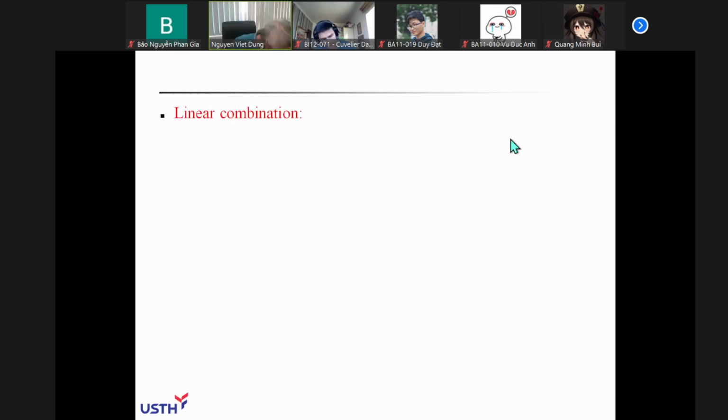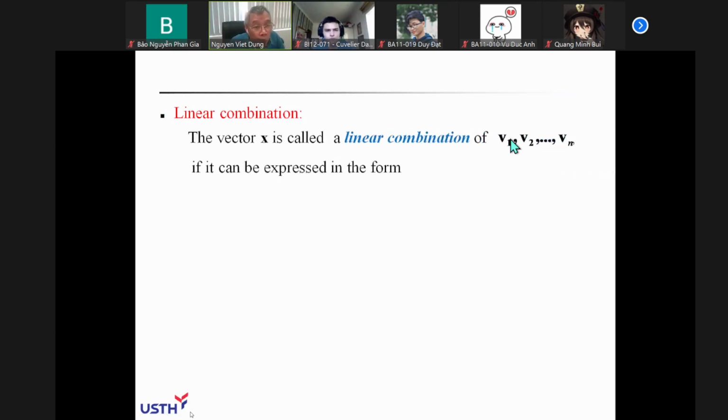Now I give you one notion. That notion will go from now to the end of our course of linear algebra. That is the notion of linear combination. In Vietnamese, it is tổ hợp tuyến tính.